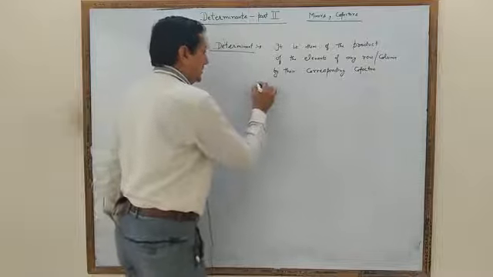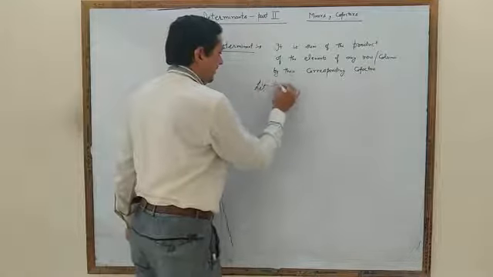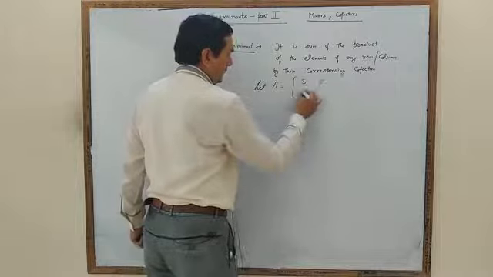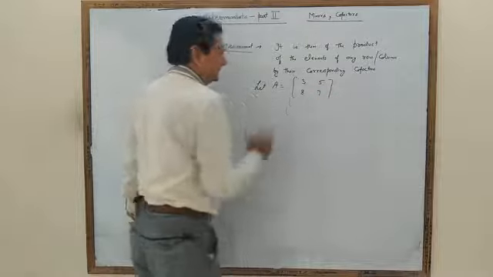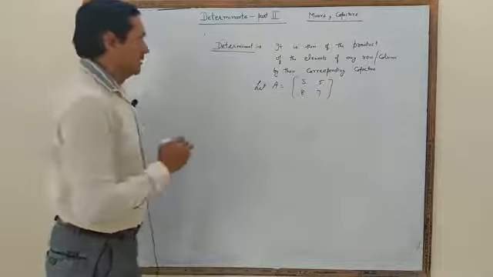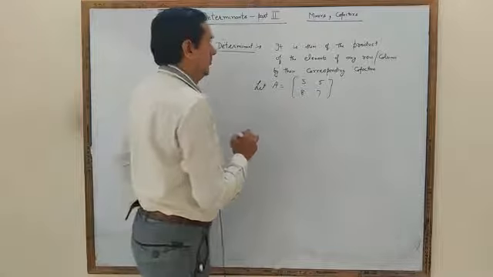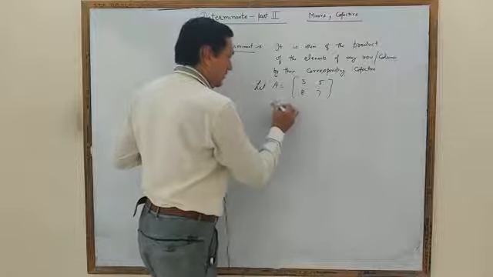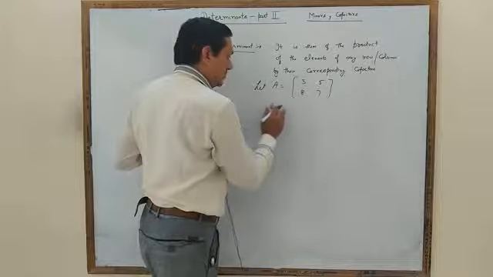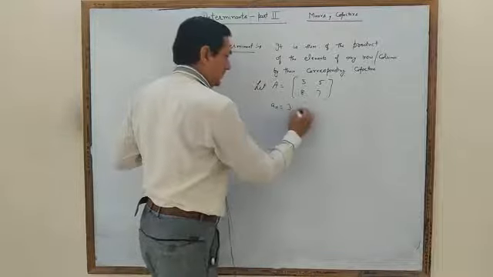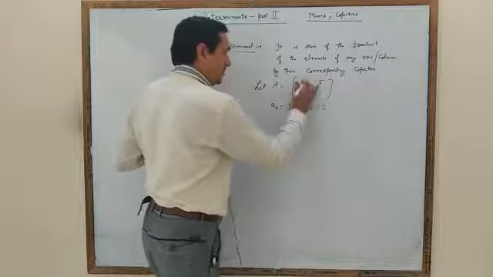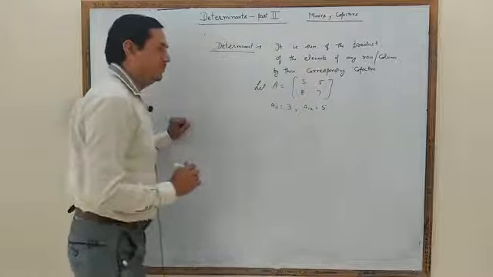Let us consider a matrix A: 3, 5, 8, 7. Now small a11 means the element in first row and first column, 3. a12 is 5, first row, second column.